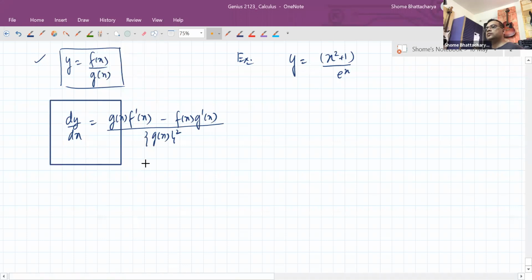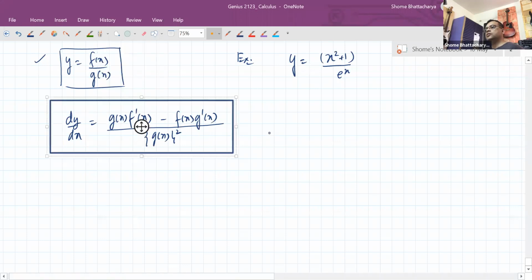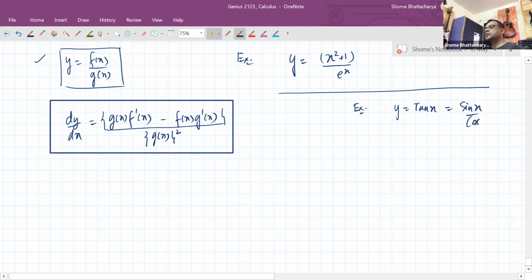Okay. The example that I like to keep in mind to remember this formula: when I was a student, I used to always get confused about the subtraction in the numerator, whether it is fg prime minus gf prime or gf prime minus this. So I just remember the example of tan x, which I'll now express as sin x by cos x. Okay.